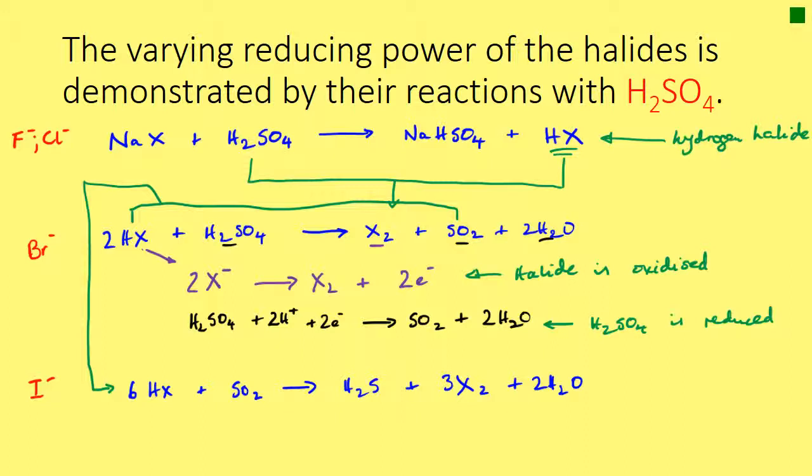Bromide will do that reaction, and also the hydrogen bromide will reduce the sulfuric acid further, and the iodide will do not only those two, but the hydrogen iodide will reduce one of the products of that second reaction and reduce that further as the third reaction in blue down there. So that's how we demonstrate and also differentiate between the halides using their reactions with sulfuric acid.